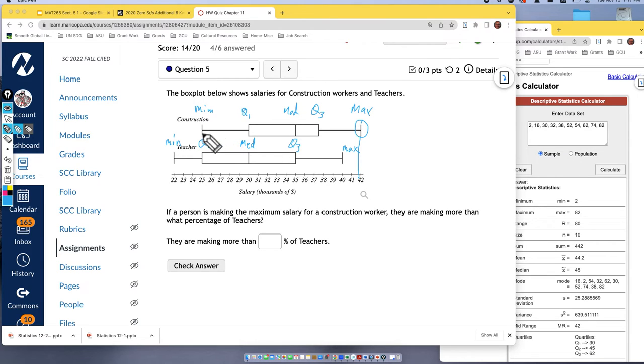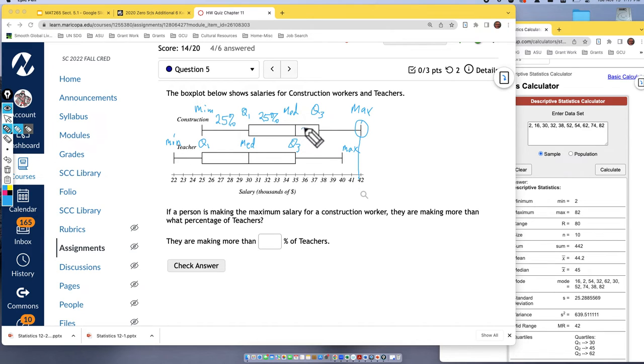The other thing to recognize is that these 5-number summary, they divide the data up into quartiles. And what's a quarter? 25 cents? Oh, quarter, yeah. So it's 25% in each of these. So this little part of the box between here and here is 25%.